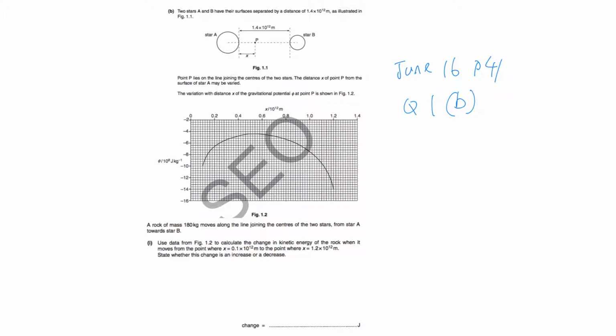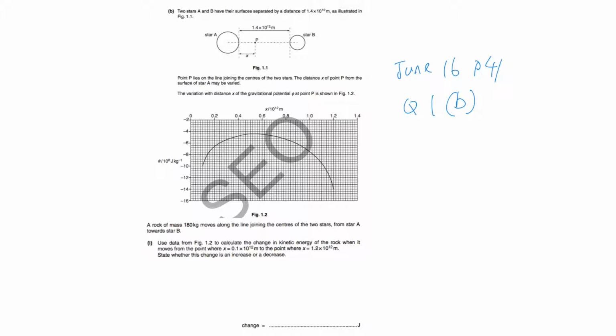This is actually the graph of potential versus the distance x from the star A, and the point P lies on the line joining. So as the distance x increases, when you move from 0.1 to 1.2, which is here, do you realize that the potential was here, then after that is here? So that means it's getting more negative. That means the potential drops.